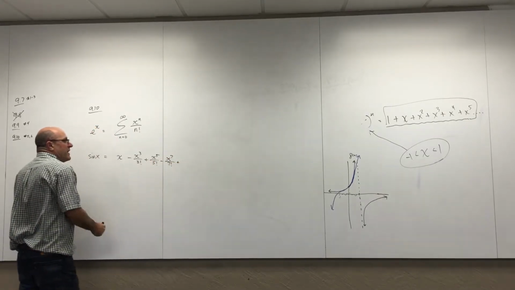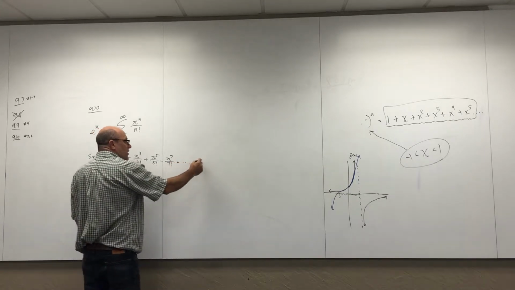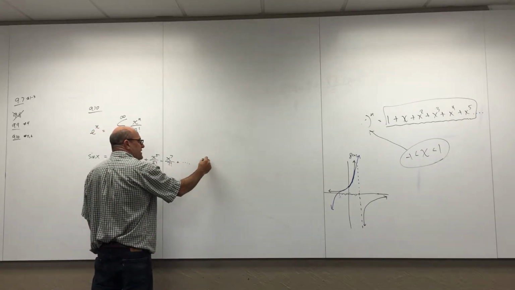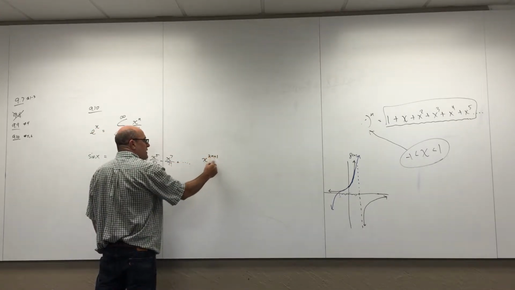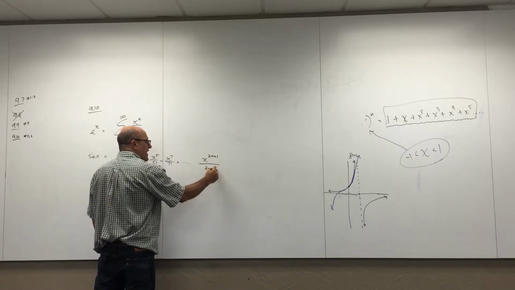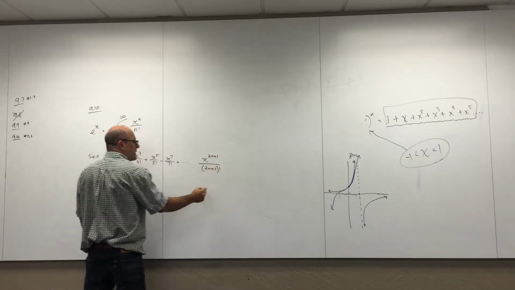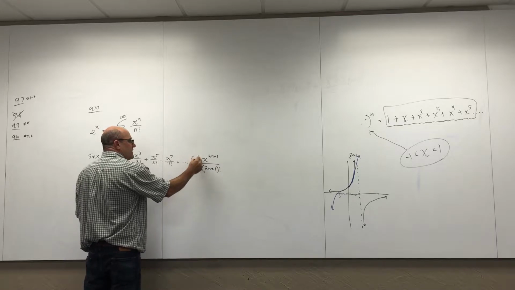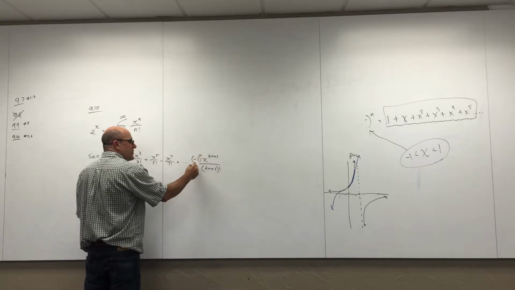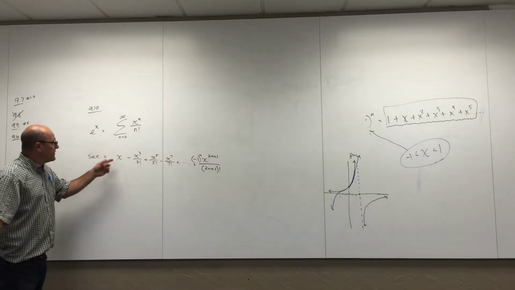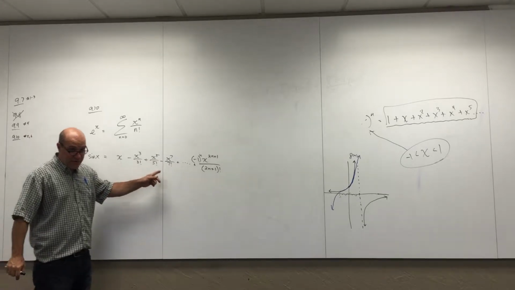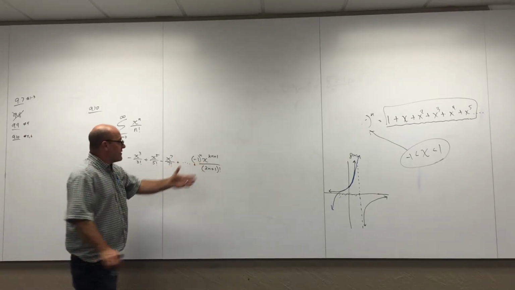So they write that. Later on, do they give you an nth term? What do they write later on? Do they write x to the 2n plus 1 over 2n plus 1 factorial, and then a negative 1 to the n? So they're calling that the nth term. This is the first term, the second term, the third term. Here's the nth term.